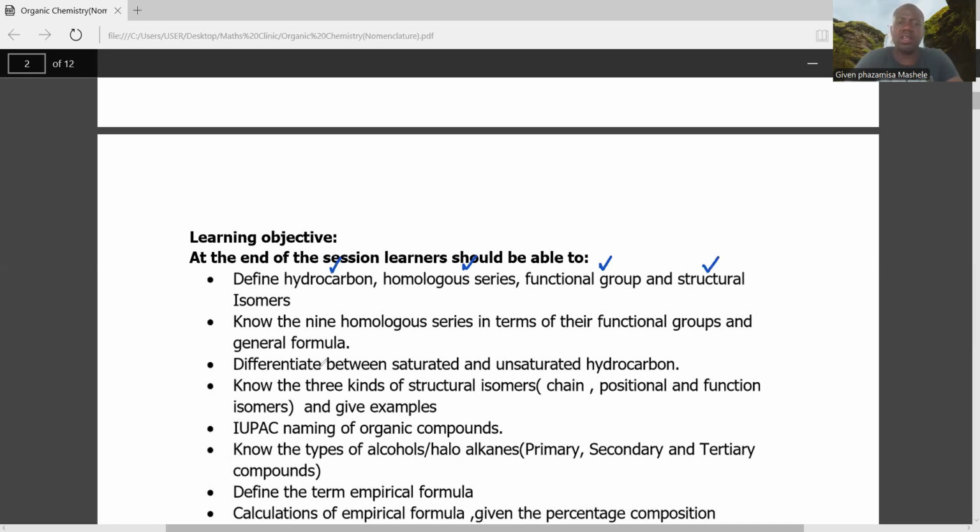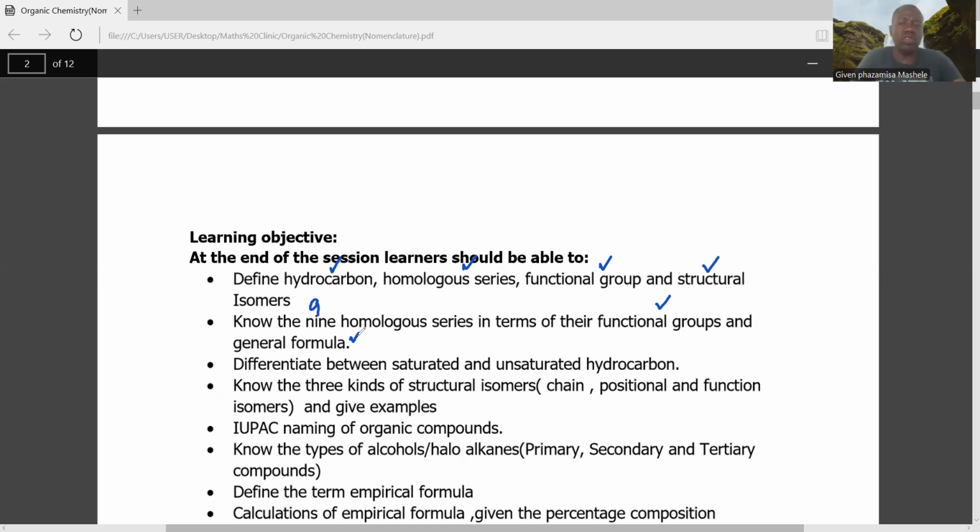And again, you must know the 9 homologous series in terms of their functional group and also in terms of the general formula. Guys, remember in nomenclature, once you know these 9 homologous series, their functional groups and their general formulas, you will never go wrong.